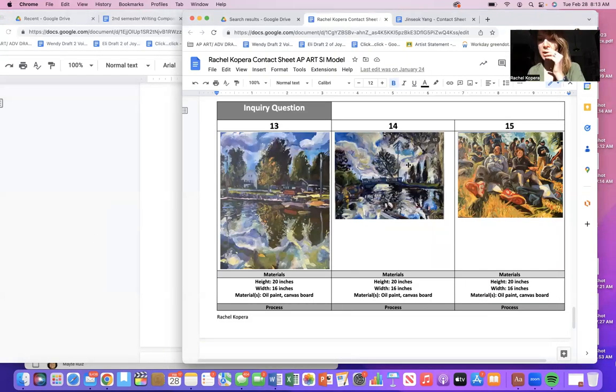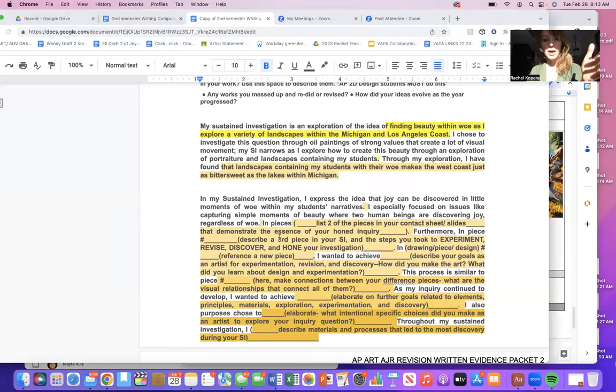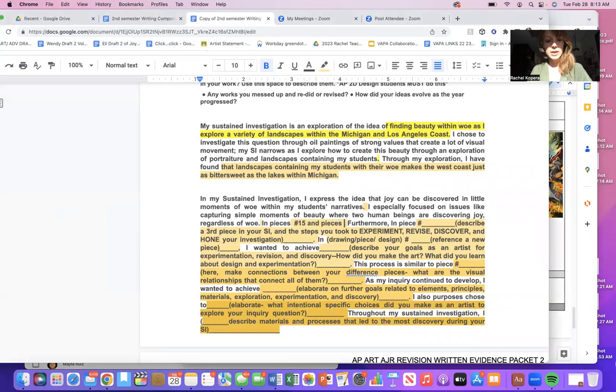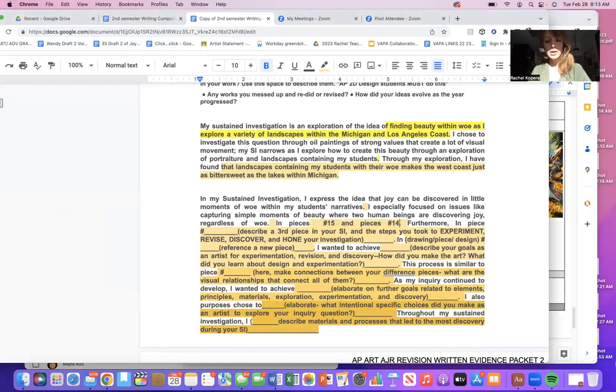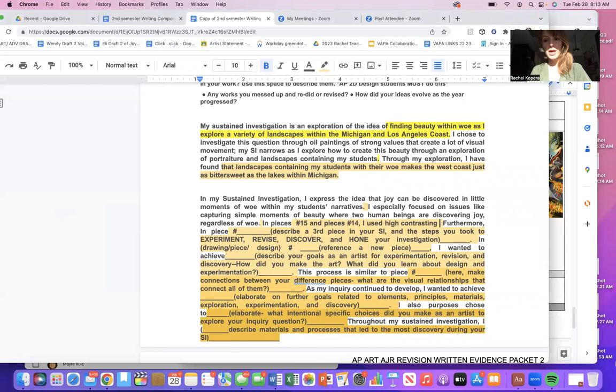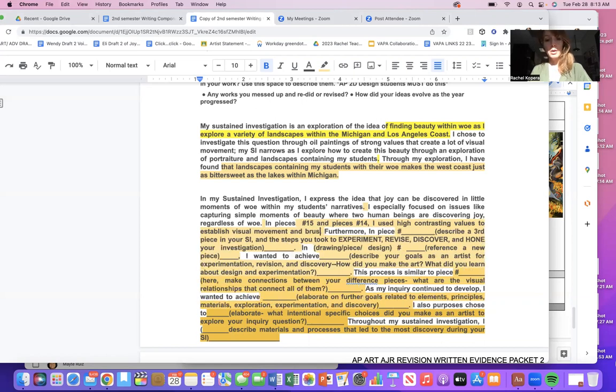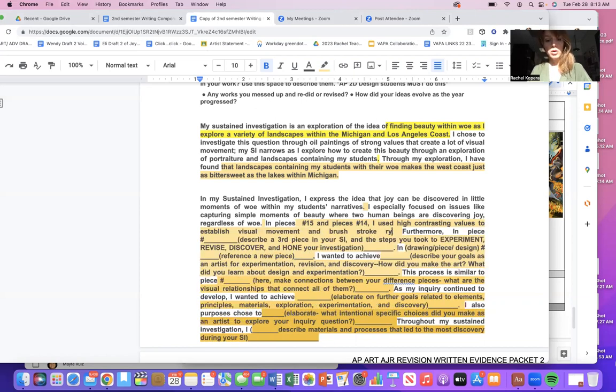So I'm going to talk about the ending before the beginning. So in piece number 15 and piece number 14, I used high contrasting values to establish visual movement and brush stroke rhythm in order to intentionally move the viewer's eye around the page.